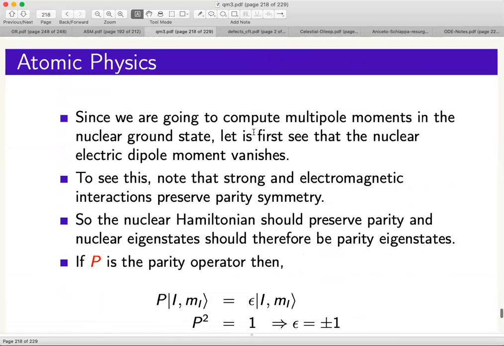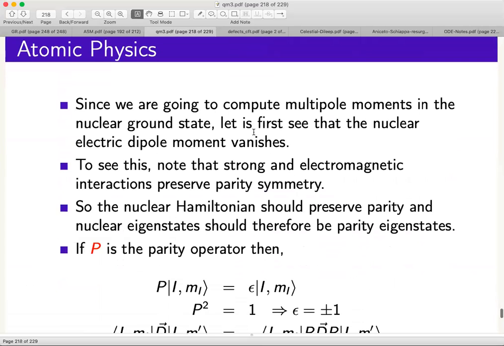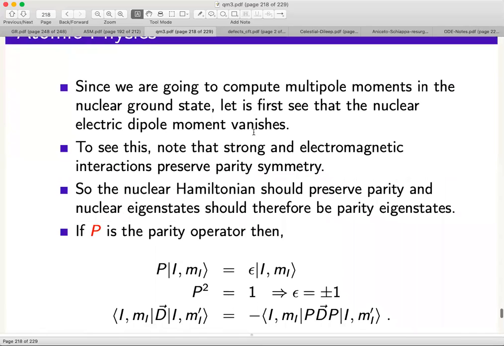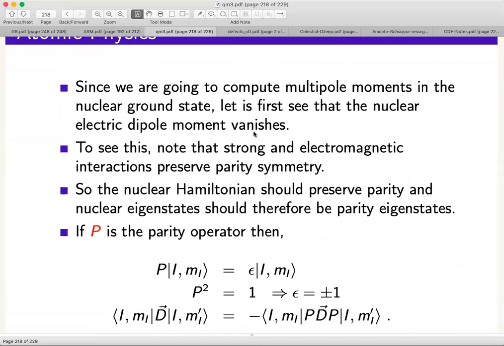To compute that piece, what we first need to understand is the symmetry of the nuclear problem. The electromagnetic interaction and the strong interaction both preserve parity symmetry, and therefore the nuclear Hamiltonian should preserve parity, because it involves only these two interactions.